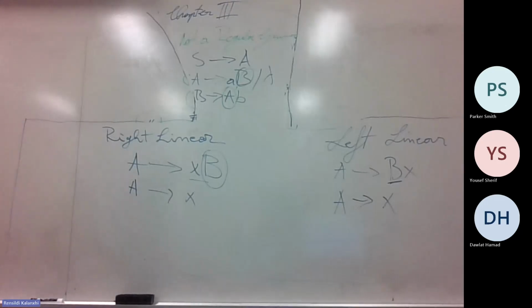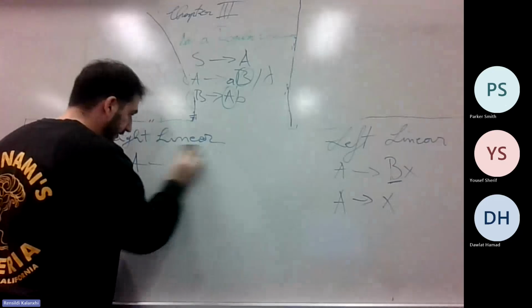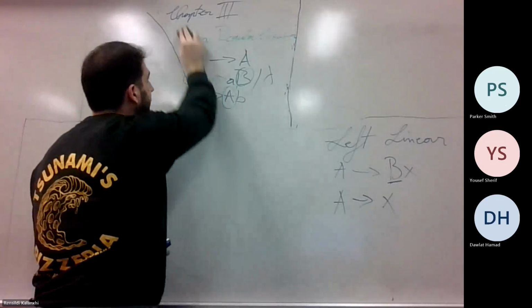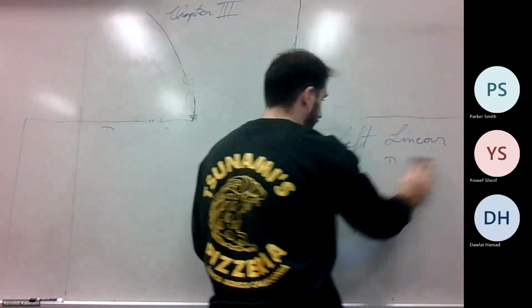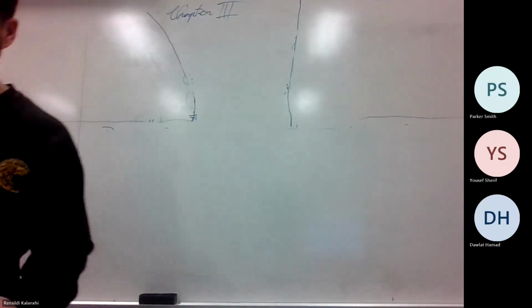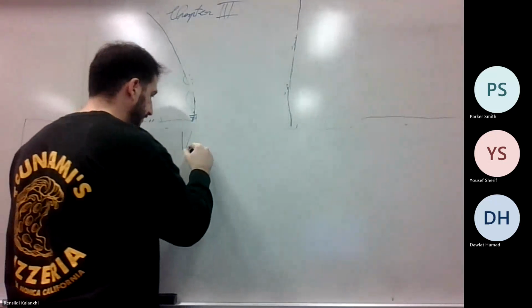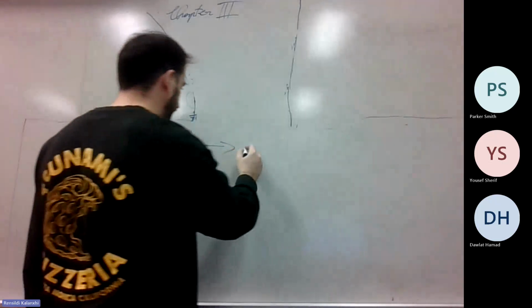Okay, so the next one is where we start to have to think a bit. So we have V0 with a V1.